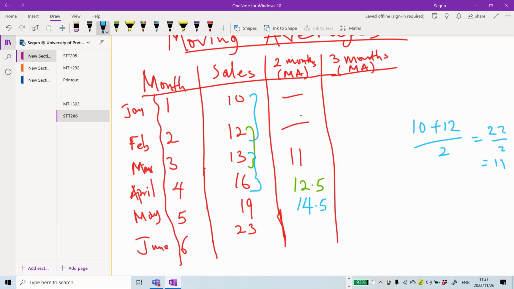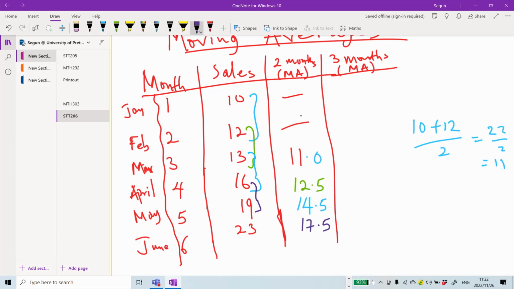So the next thing will be what? 16 plus 19, the answer is 17.5. And 19 plus 23, you can't do that because you have already exhausted all the available months.